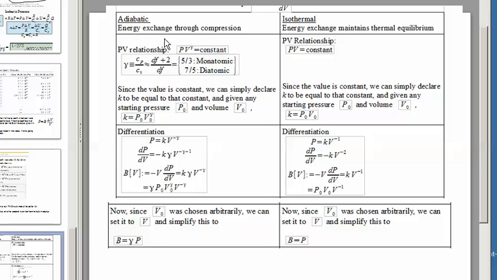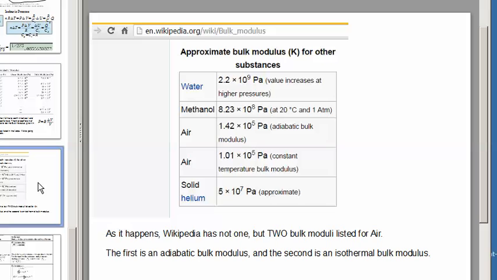On the other hand, in the adiabatic process, there's an equation that goes PV to the gamma equals constant, and gamma is the specific heat at constant pressure divided by the specific heat at constant volume, which turns out to be 7/5 for a diatomic molecule, which is mostly what the air is composed of, and so 7/5 is 1.4. You'll notice that that kind of matches up right here with the 1.42 times 10 to the 5th versus 1.01 times 10 to the 5th.